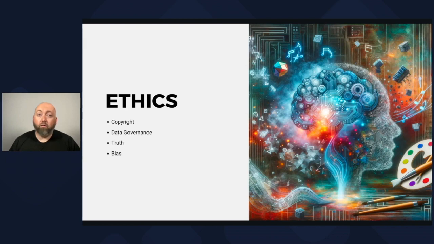And then truth. Large language models in particular do this thing called hallucinate, which is where they'll just make stuff up. It's not that they're lying, their reward mechanic is to please you, to give you something. So there is an element sometimes where you can't necessarily trust the results.